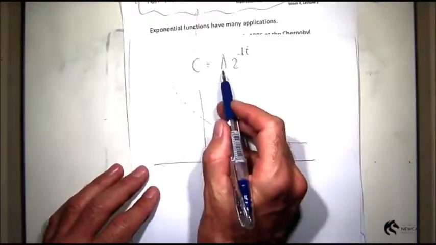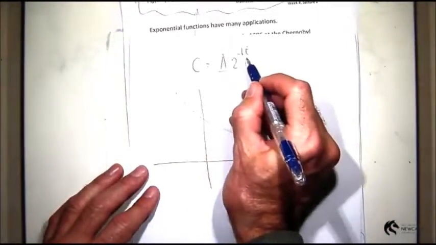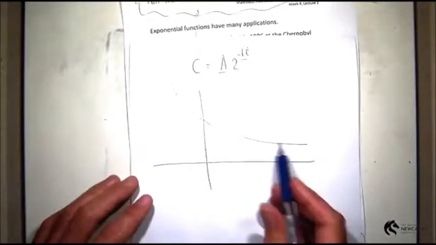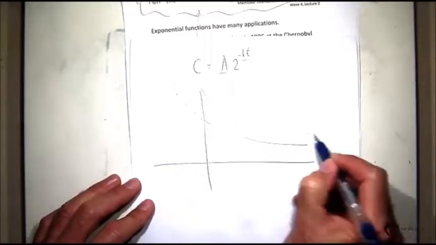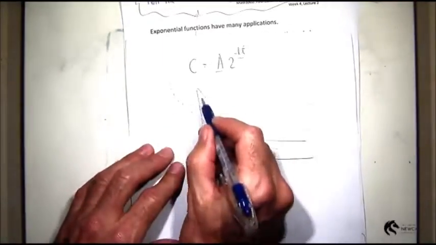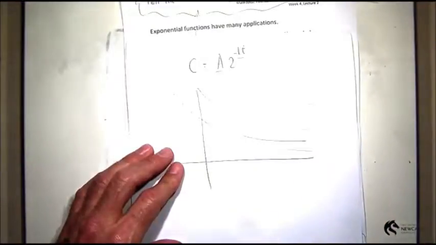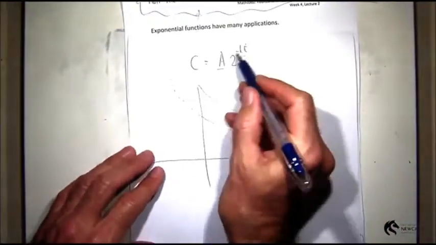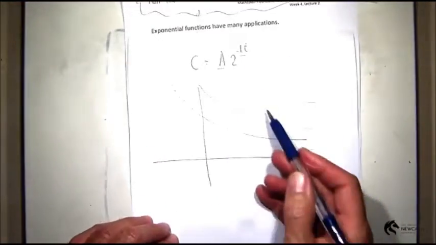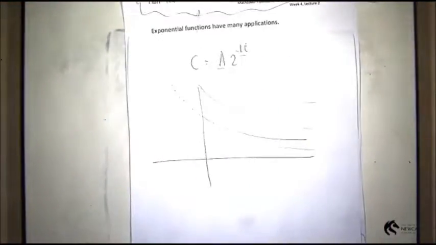By changing the A and the k, we've still got an exponential function, but changing the A moves the graph up the axis. Changing the k can make it flatter or steeper. So by choosing suitable values of A and k, we're choosing a suitable form of the exponential function that matches the situation we're looking at.